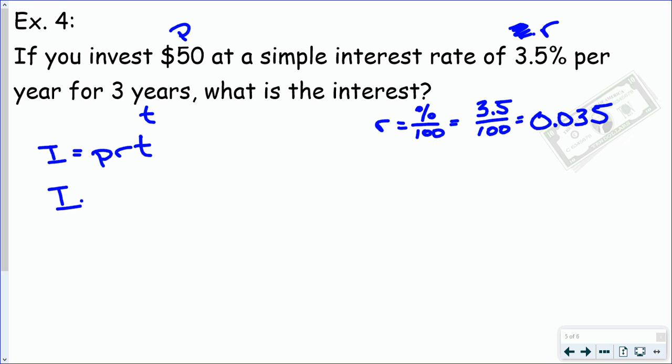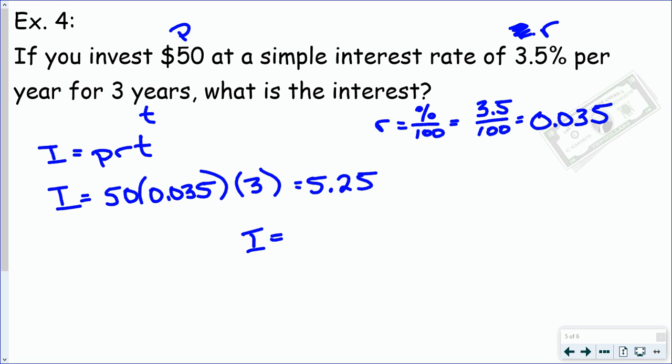So the interest equals the principal, which is $50, times the rate written as a decimal, 0.035, times the time, which is 3 years. So we just multiply those three together. 50 times 0.035 times 3, and we get 5.25.